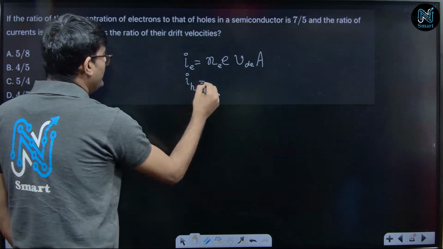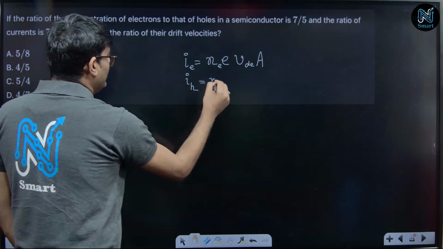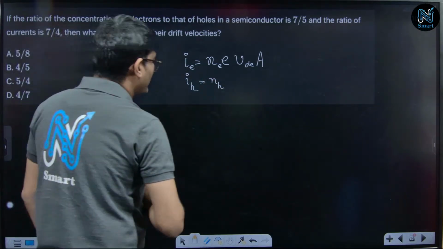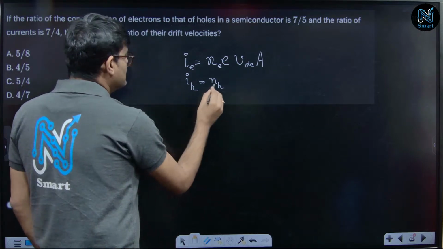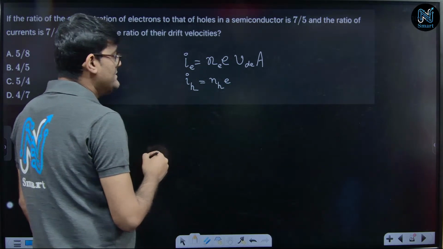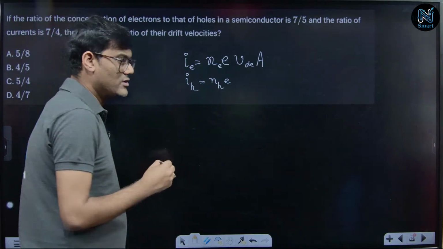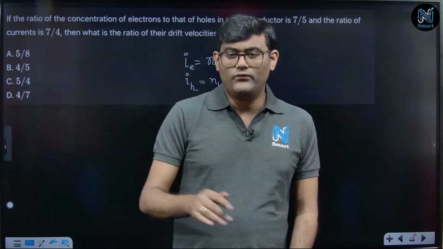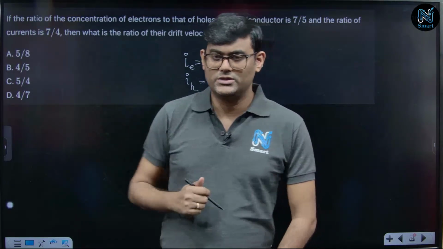Similarly, if we take current due to holes, then the number density or the number per unit volume is n_h. Now the charge of hole is considered to be the same as the charge of electron, because you know that holes are created when electrons move from one atom to the conduction band.